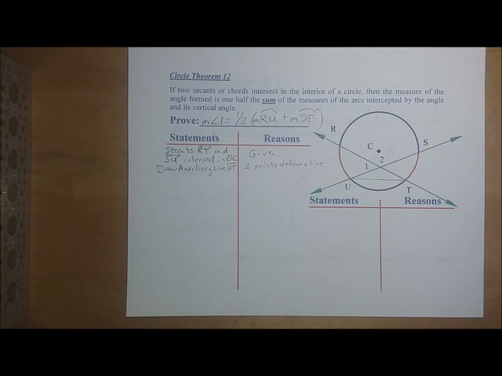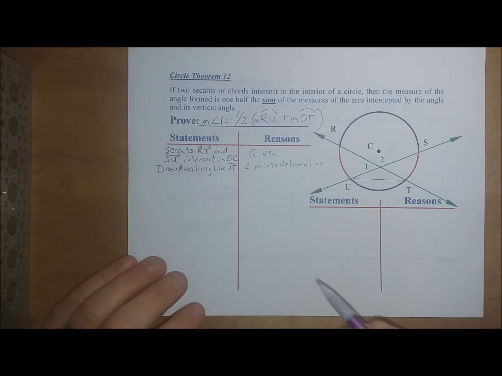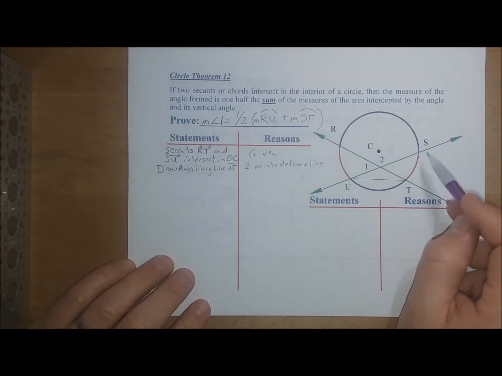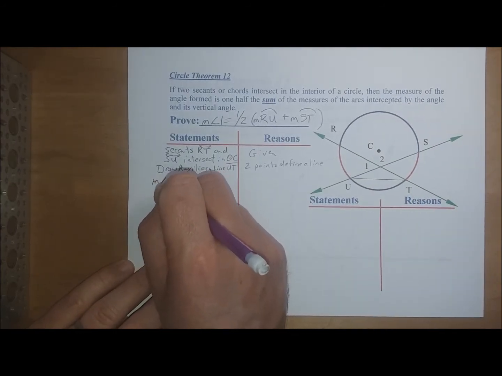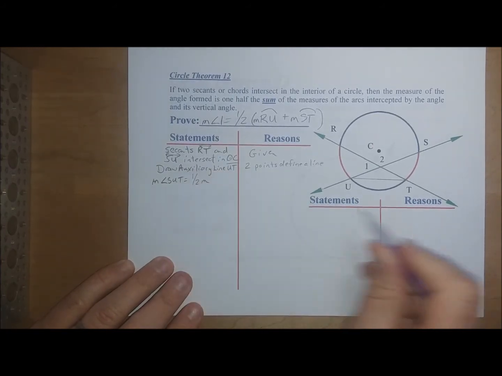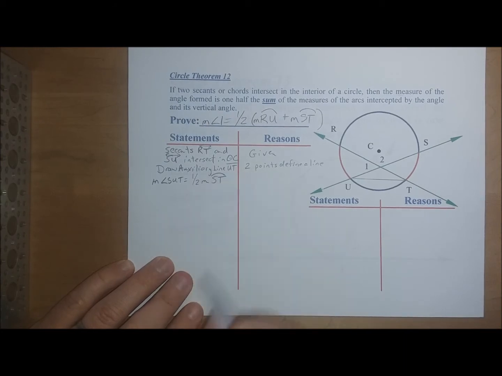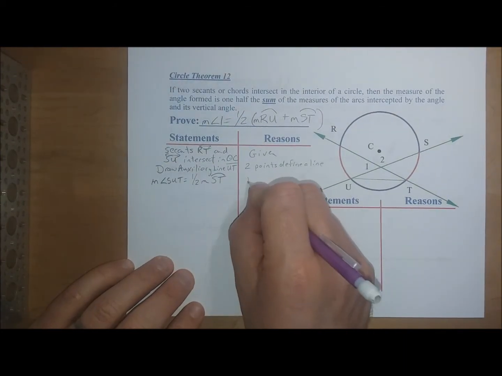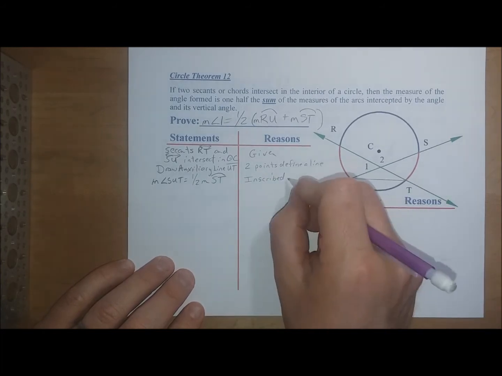Okay. Actually, I think that is all I need. I just need one auxiliary line. Here's where I'm going with this. I'm going to point out that this angle SUT, the measure of angle SUT, equals 1/2 the measure of arc ST that it intercepts. Okay? How do we know that? Well, that's our inscribed angle theorem that we proved.